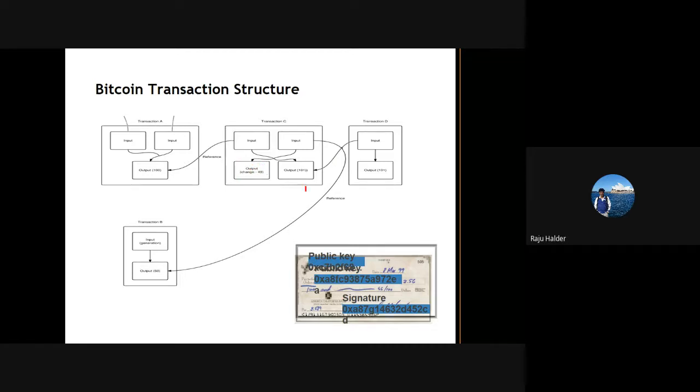So this is the high level structure of a transaction: there will be an input field and an output field. It's like a checkbook. Today also you write to whom you are sending, which account you are referring to, I mean, from where you are getting this money, and you have to provide your signature. Remember that you have to provide your signature in your transaction also when you are creating it.